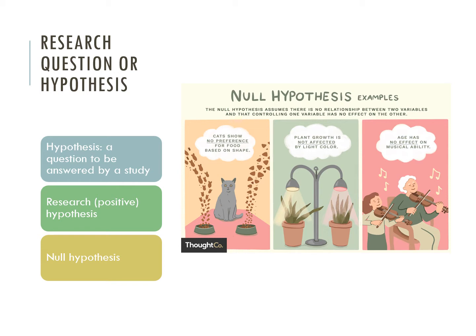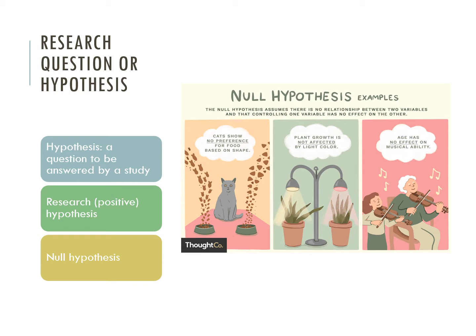When we have a hypothesis in research, we say, I think that this is significant. I think that there's a difference between these two things. One causes the other, right? That gives us our research hypothesis, also called our positive hypothesis. Sometimes if you're reading a textbook or go online, it's also called our alternative hypothesis.